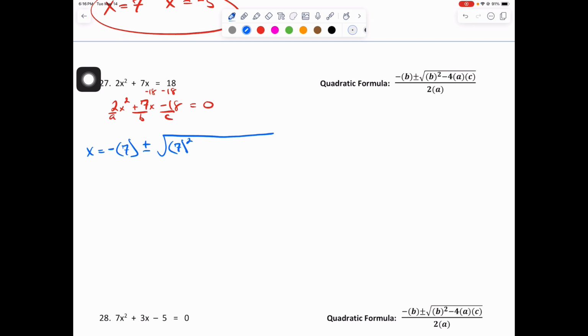We will square it. We will then do minus 4 times our a value, which is 2, times our c value, which is negative 18. And we will put that entirety over 2 times, again, our a value, which is 2.